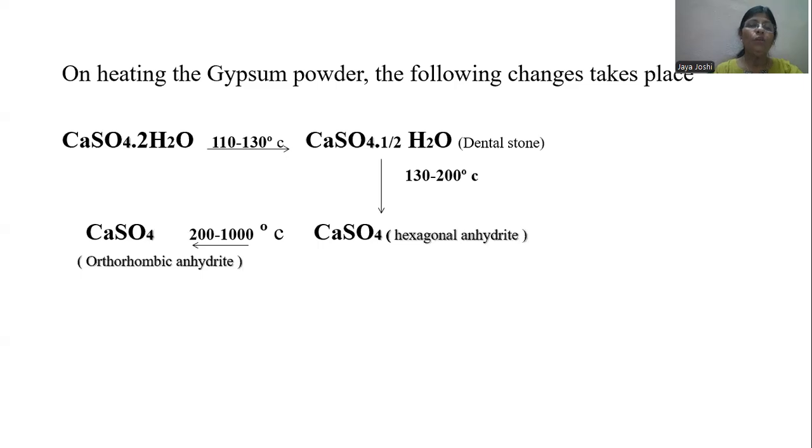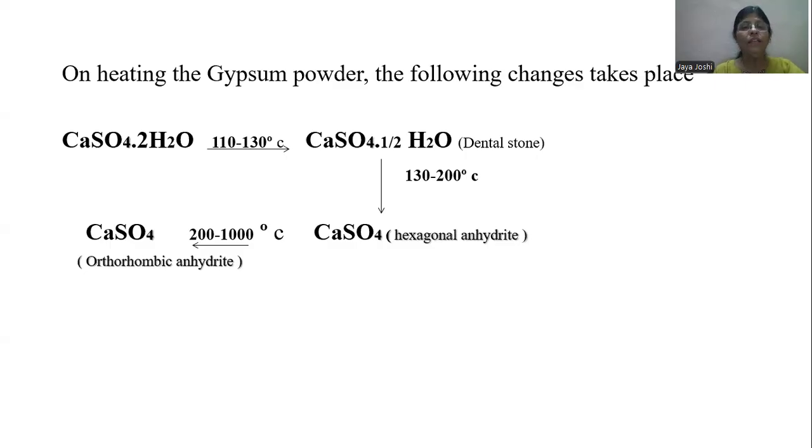Initially when you heat calcium sulfate dihydrate from 110 to 130 degrees centigrade, the resulting crystals are of calcium sulfate hemihydrate. That is, we call it dental plaster or dental stone. If the temperature goes beyond 130 and up to 200 degrees centigrade, we get the crystals of calcium sulfate, that is of hexagonal anhydrite, which is a soluble type of anhydrite.